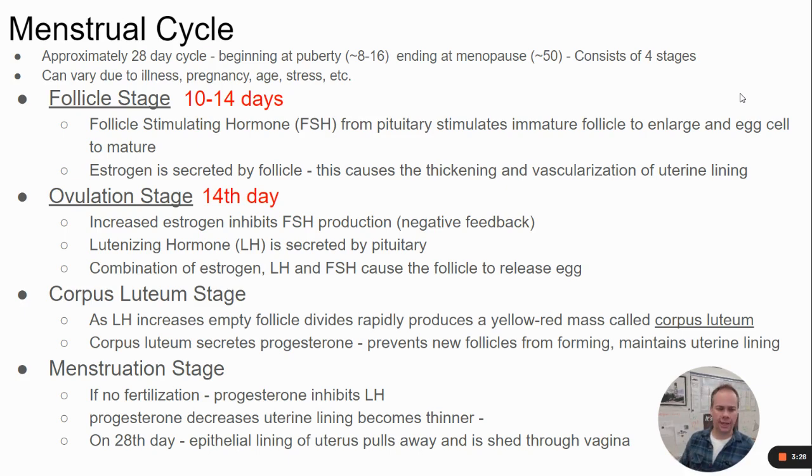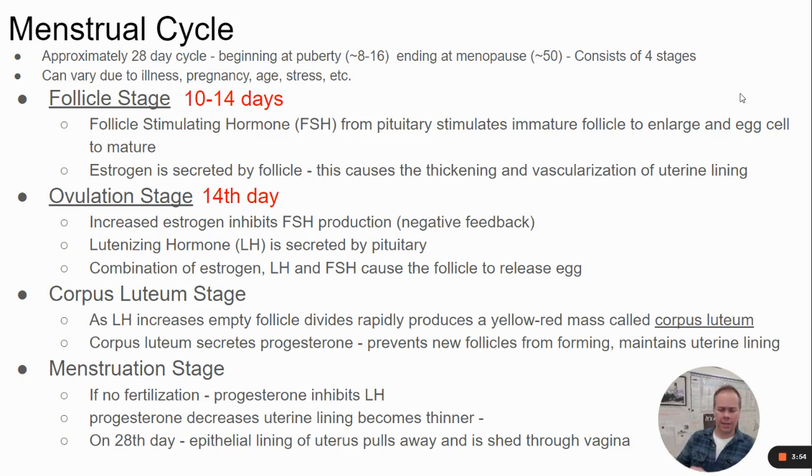Around the 14th day, a hormone called luteinizing hormone starts to be produced in increasing levels in the pituitary gland. The levels of luteinizing hormone, LH, FSH, and estrogen all trigger the follicle to release this mature egg cell.